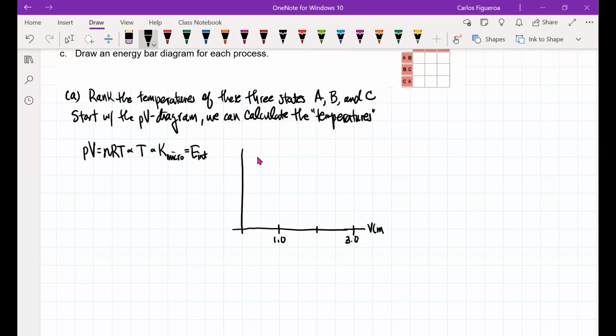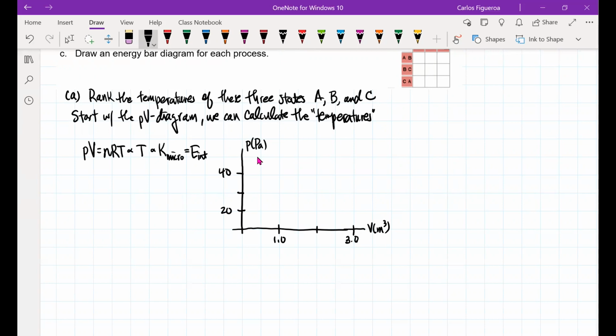This is the volume in meters cubed, and up here is the pressure in pascals. Looking at the scale, I'm going to call this 20, 30, 40. I really don't need 30.